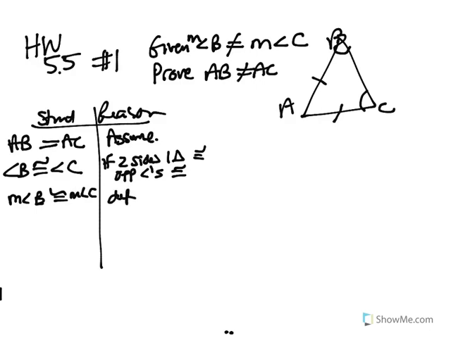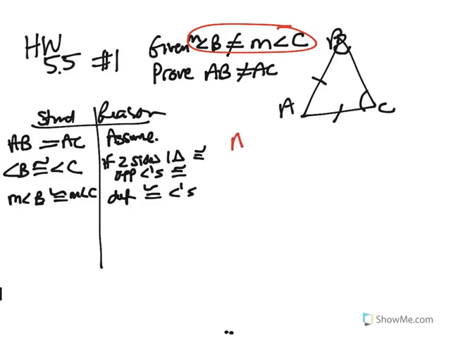Definition of congruent angles. And that contradicts our given up here, and so our assumption must be false, and therefore the proof statement is true. So if we're going to write that out, you just follow along with what you have on your proof.